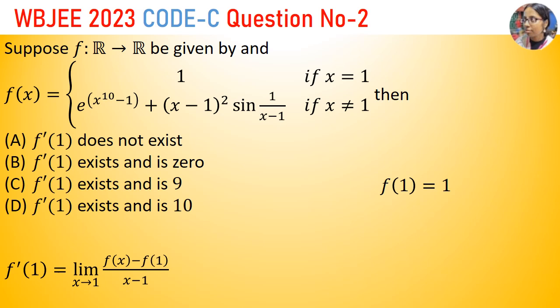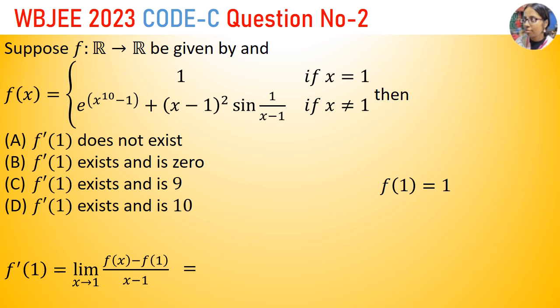Now since x tends to 1 means x not equal to 1, we use the definition of f(x) when x not equal to 1, that is f(x) equal to e to the power x to the power 10 minus 1 plus (x minus 1) whole square sin 1 upon x minus 1.